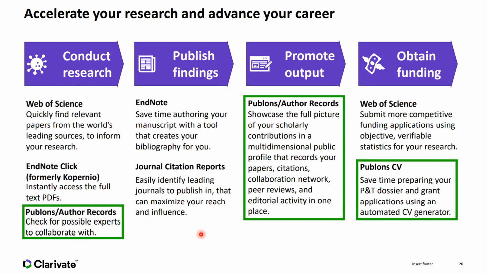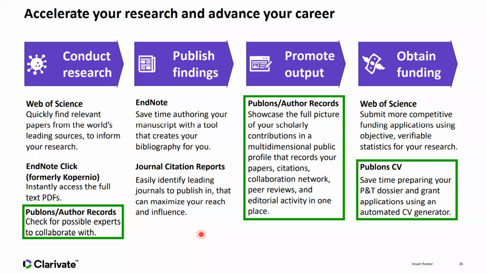Promoting your output is, of course, once again, Publons and author records to showcase the full picture of your scholarly contribution. And with your Publons CV, you are able to submit that to obtain funding for your project. And if you have papers within the Web of Science Core Collection, it is highly recognized as the industry standard when it comes to citation information, having the reputation of indexing the most accurate, reliable information around the world.